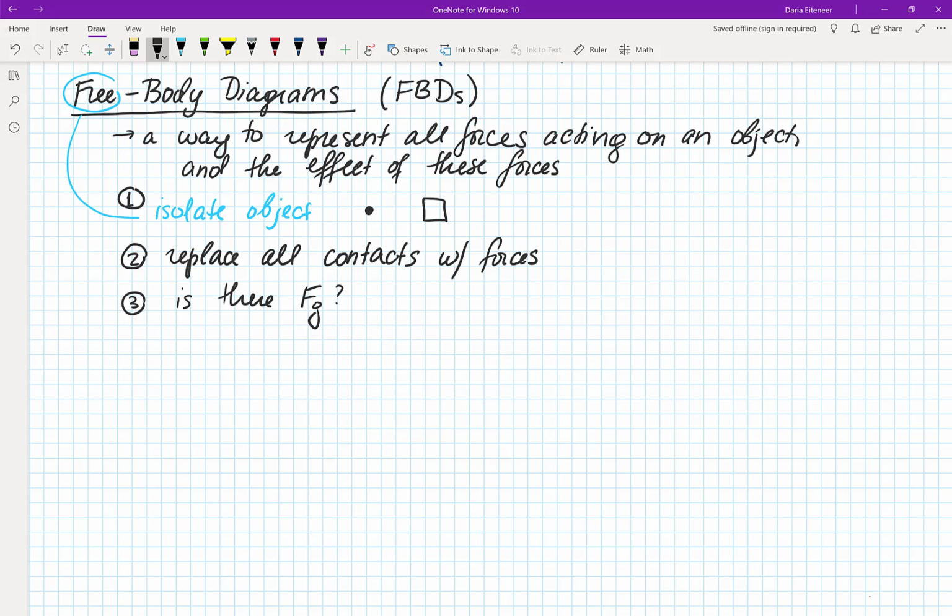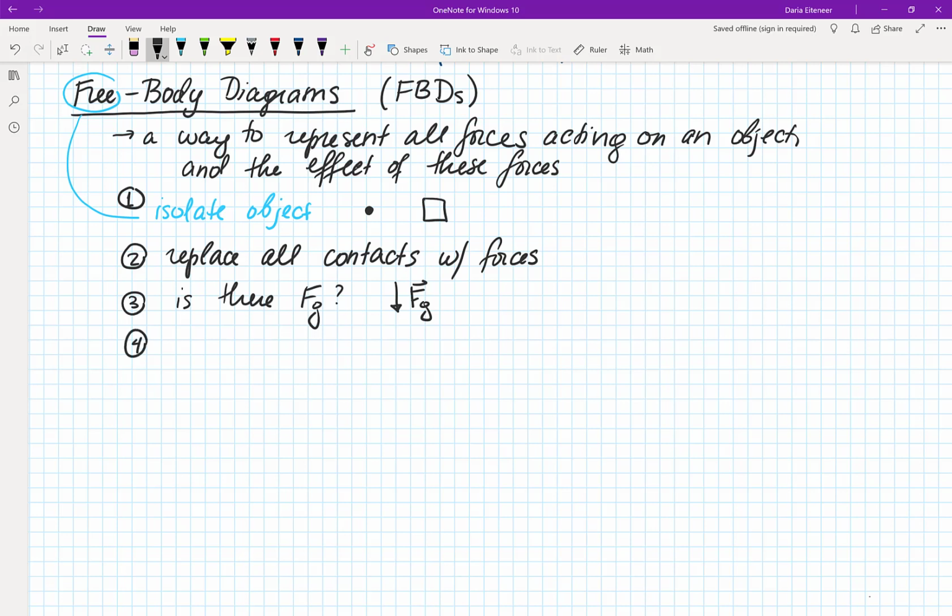But in all other cases, you need to account for the force of gravity. And of course, the way that we're drawing it right now, it's acting downward like this, right? Once we talk about gravitation and planetary motion, that's not necessarily going to be the case, but let's not worry about that just yet.